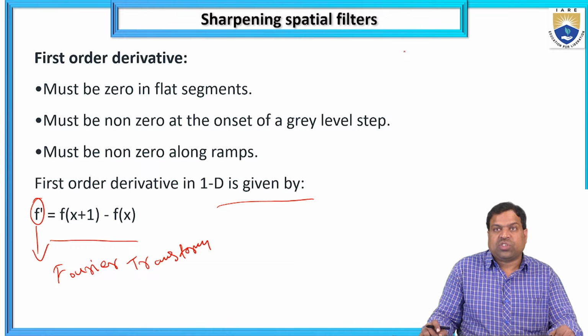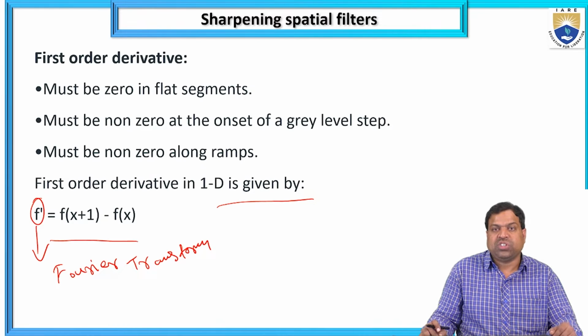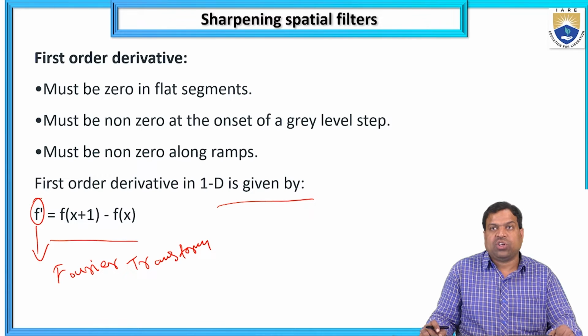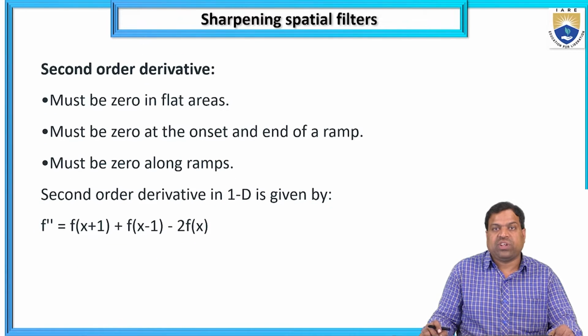So what does the first order mean? We are removing the blurring and removing the noise. The first order derivative must be zero at flat segments, must be non-zero at the onset of a gray level step, and must be non-zero along ramps. Its 1D form is f dash equal to f of x plus 1 minus f of x. So what is the second order derivative? It must be zero in flat segments, must be zero at the onset and end of a ramp, and must be zero along ramps.